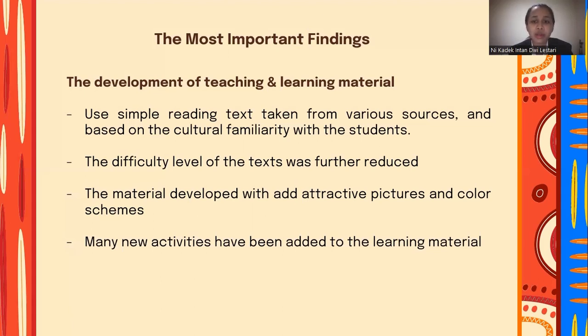The new material incorporates relevant pictures and a colorful presentation, and then structural points, speaking activities, listening activities, writing tasks, and then language games. All these activities were included to enable students to practice all the aspects of English.